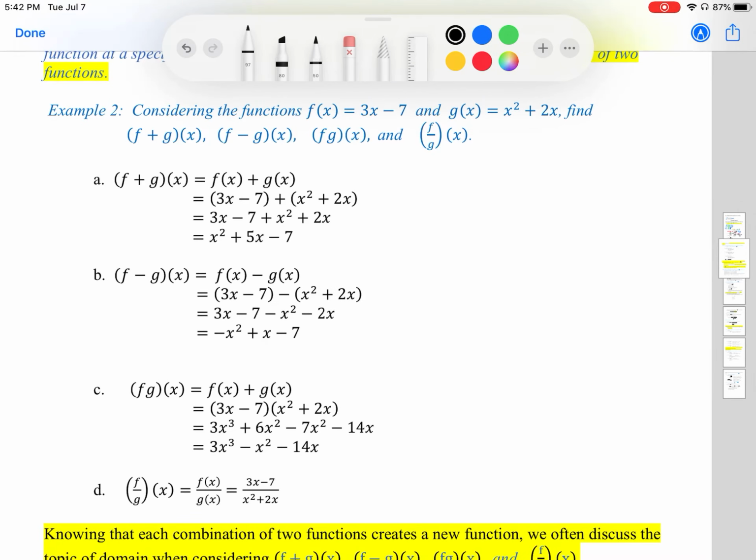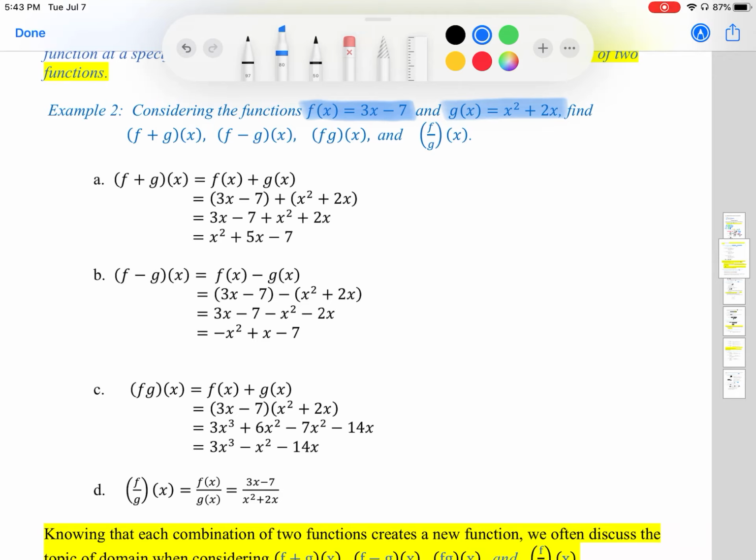It reads, considering the functions f of x equals 3x minus 7 and g of x equals x squared plus 2. Find f plus g of x, f minus g of x, f times g of x, and f divided by g of x.